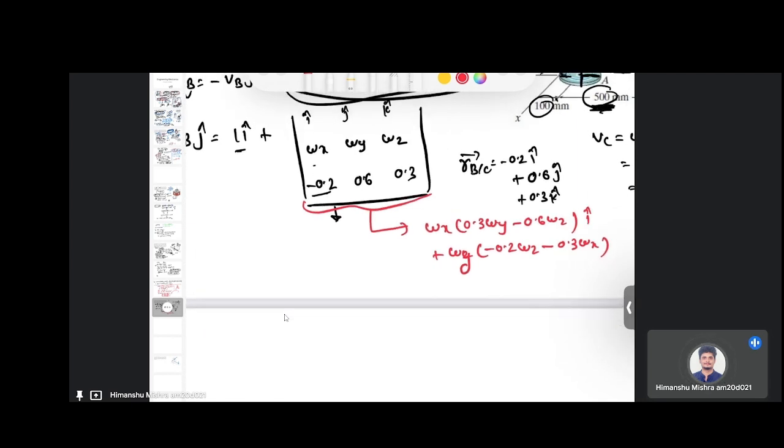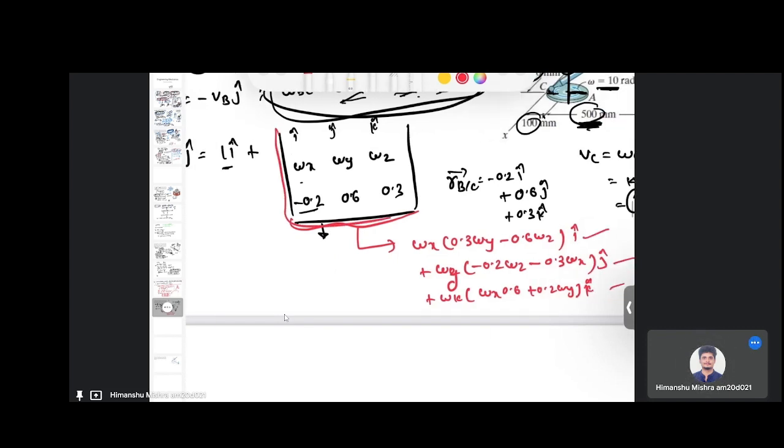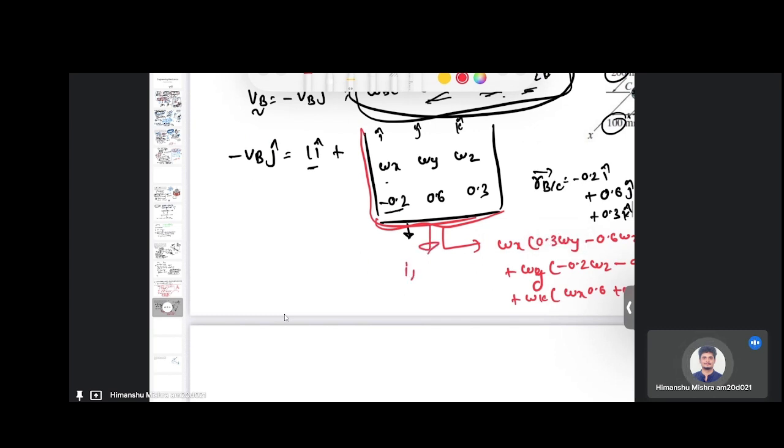So this is the i direction, this is the j direction, plus omega k, omega x 0.6, 0.2 omega y. This is the kth direction. So you can write this matrix part into i, j and k.